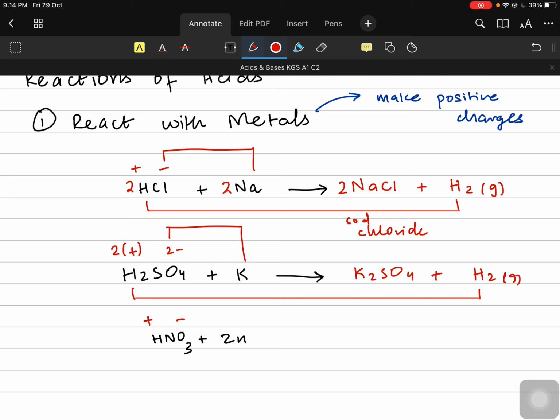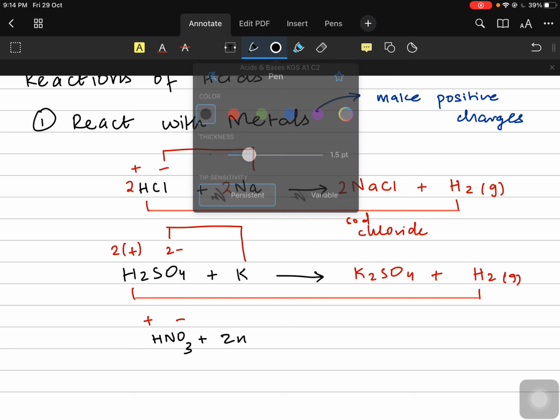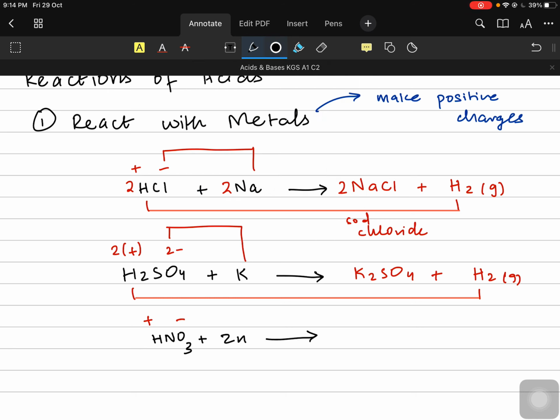NO3 means nitrate, so zinc, when it's with NO3, makes nitrate. So what we get is Zn(NO3)2, which has a chemical formula of Zn(NO3) twice, because Zn has a charge of +2, NO3 has a charge of -1. Formula making is something that we should know, and then ultimately we separate the hydrogen as H2.